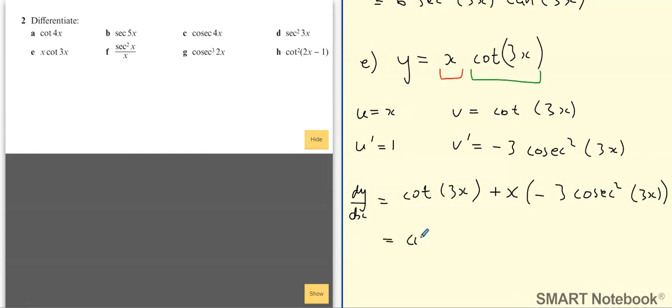And so we end up getting cot 3x minus 3x cosec squared 3x. Okay, so just check your working out. Let me know how you've gone according to that.